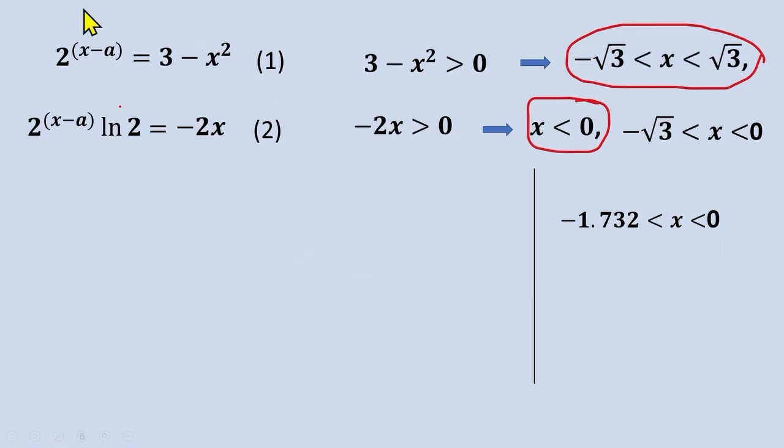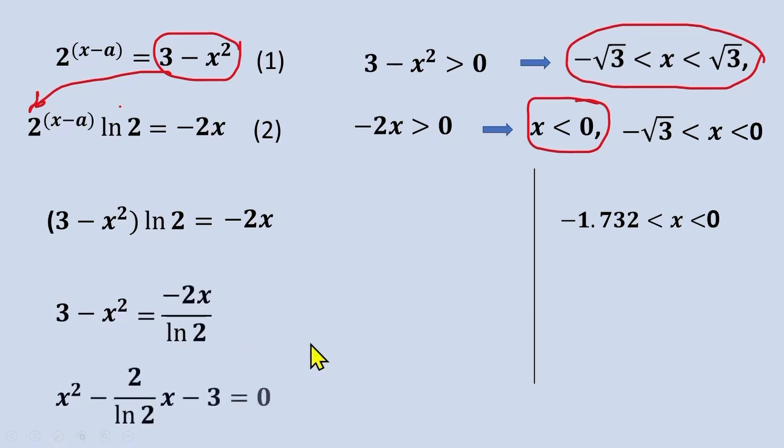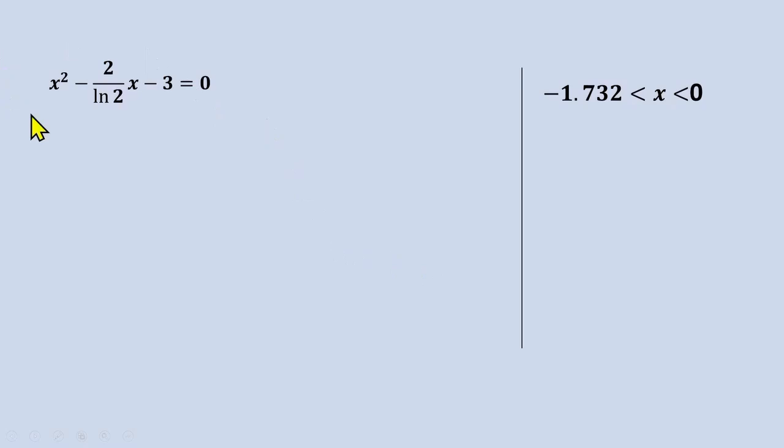Now return to the system. We see here 2 to the power x minus a and here 2 to the power x minus a, so we can replace this with 3 minus x squared, and we get the equation which contains only x. We divide by ln 2, rearrange the terms, and we have a quadratic equation for x. Now we will solve this equation.